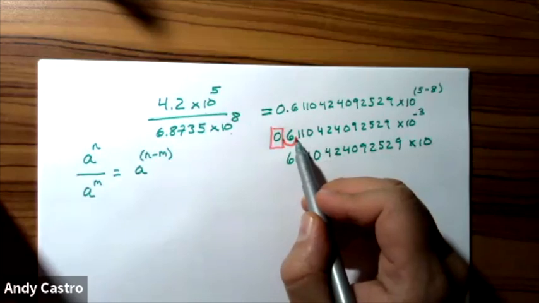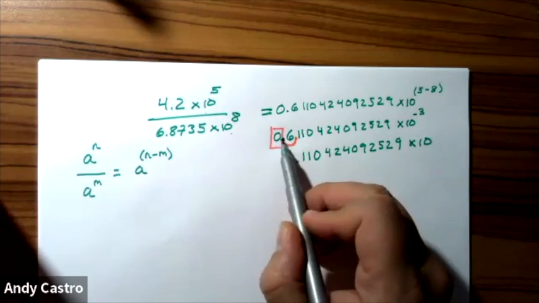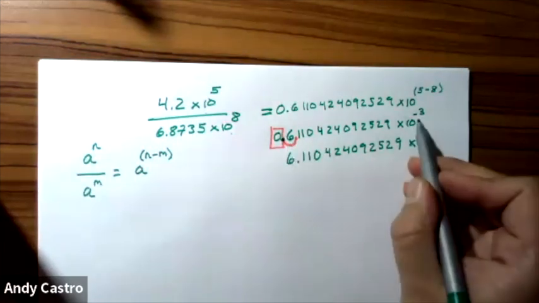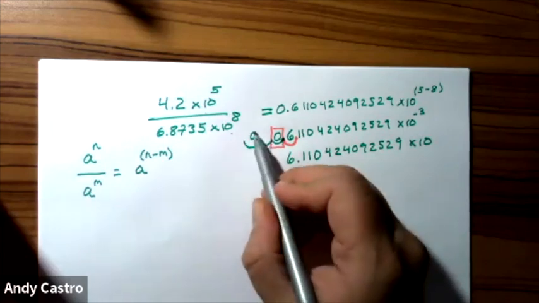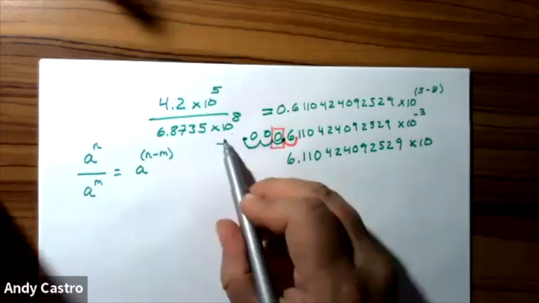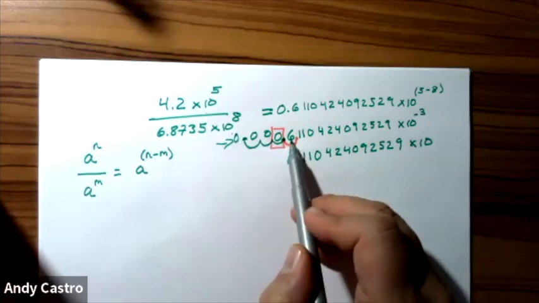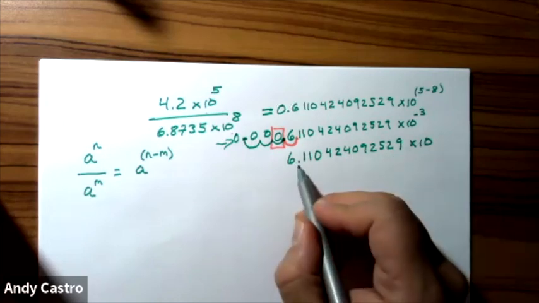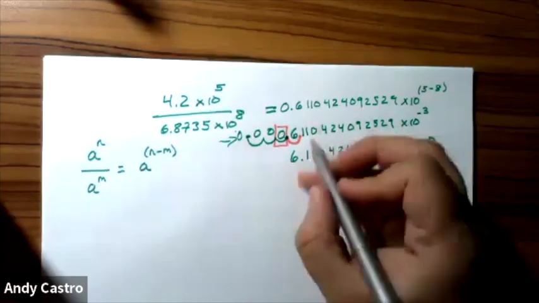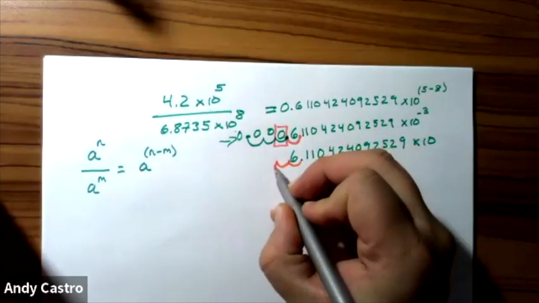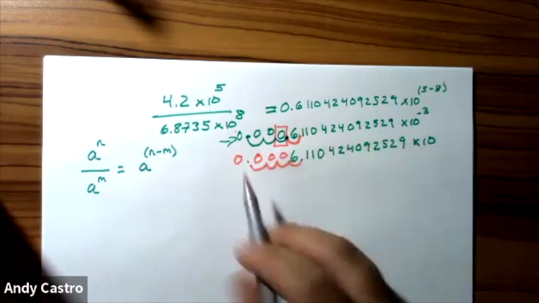Well, originally, to get my number here, if I started here, 0.6, and I went to the left 3, 1, 2, 3, okay, this is the number, 0.0006. So here, in order to get to the same number of zeros, 0.000. All right.